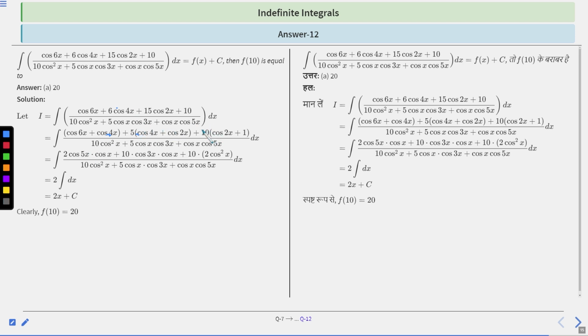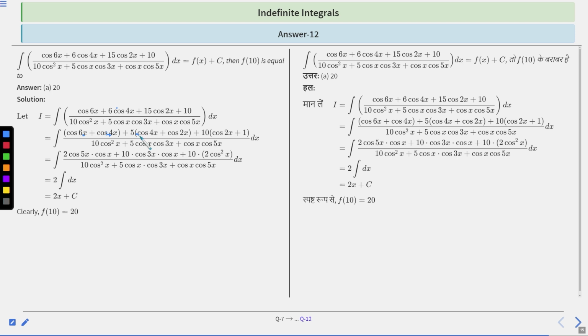And 10 cos 2x will come with this 10, so that we can take 10 as common, right? So it is cos 6x plus cos 4x plus 5 times cos 4x plus cos 2x plus 10 times cos 2x plus 1 upon the denominator, which will be the same. Now cos 4x plus cos 6x, we can apply the sum to product formula, which will be 2 cos 5x into cos x.